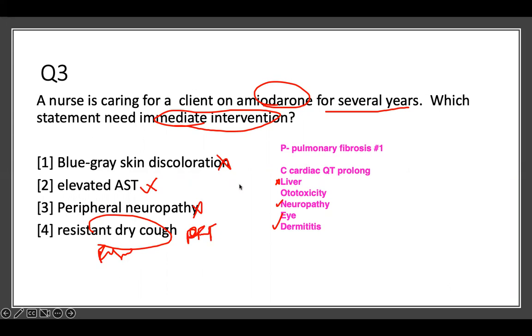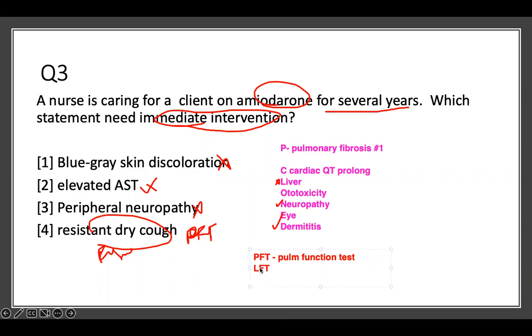It just occurred to me, I need to let you guys know, this is very important. Anybody on amiodarone needs a PFT, a pulmonary function test. Then they need a liver function test.